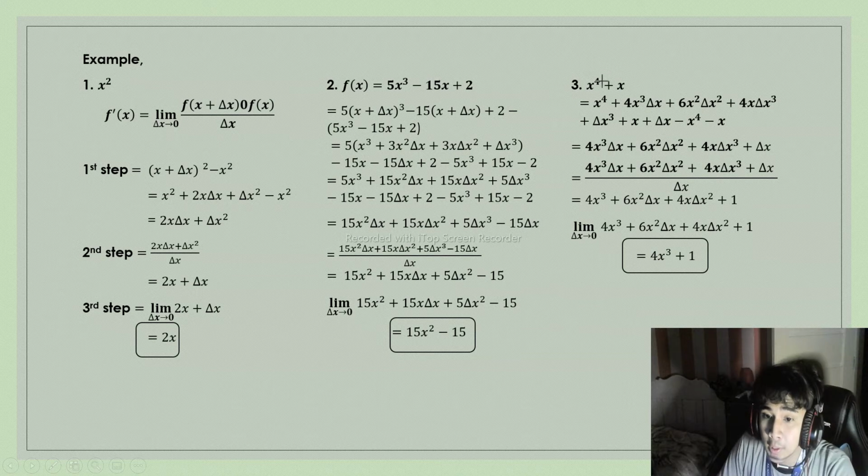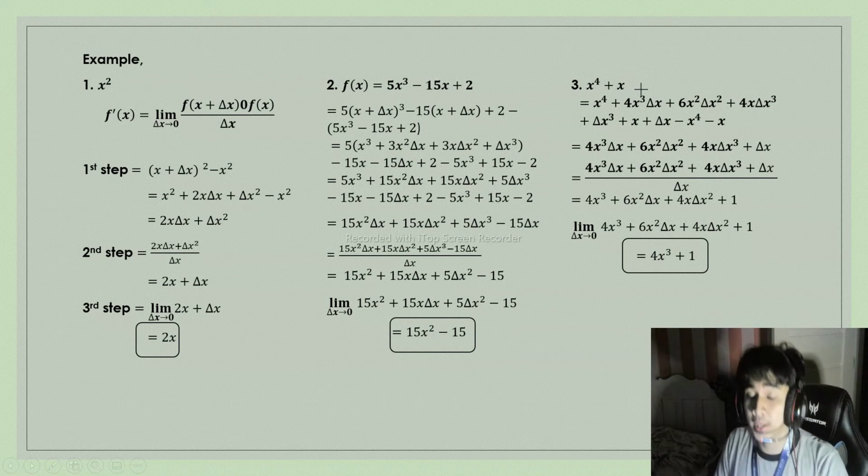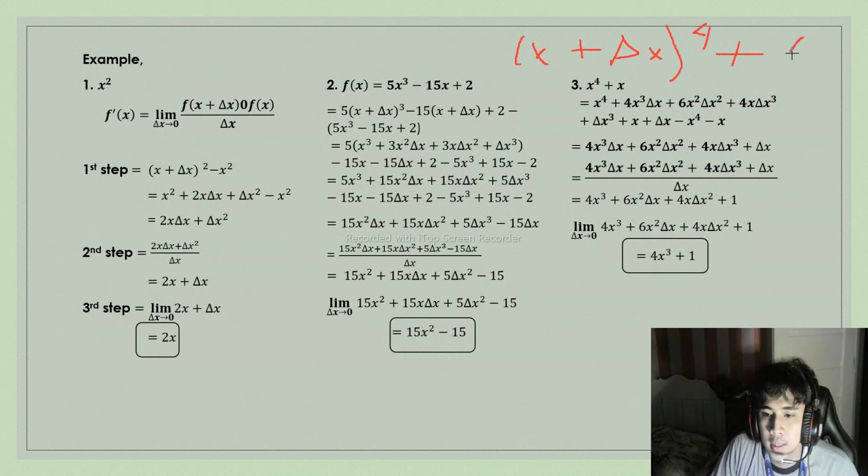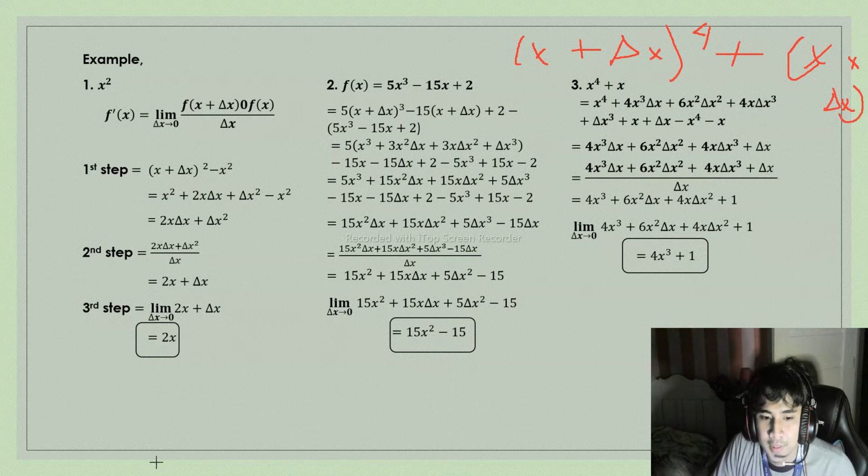X raised to 4 plus x. So, basically, ganun ulit. X plus delta x raised to 4 plus x plus delta x. Yan. Ganyan yan, yung unang step.